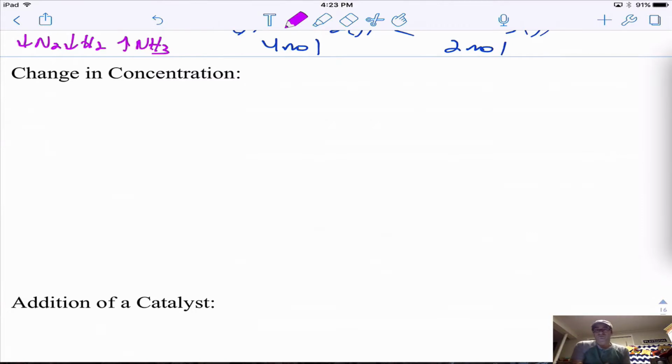So what occurs when we change the concentration? Well, it depends on what we're changing. But in general terms, if we increase the concentration, we will shift away from the increase.